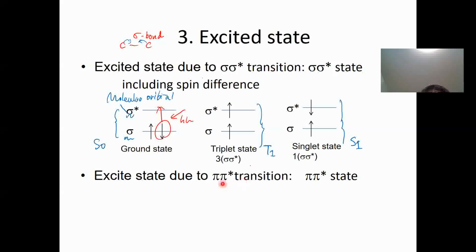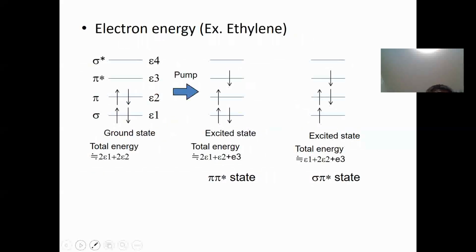If the electrons are excited from the pi state to a pi star state, it is called a pi-pi star state. So always when you think about the excited state, you have to decide from where to where the electron is moved.